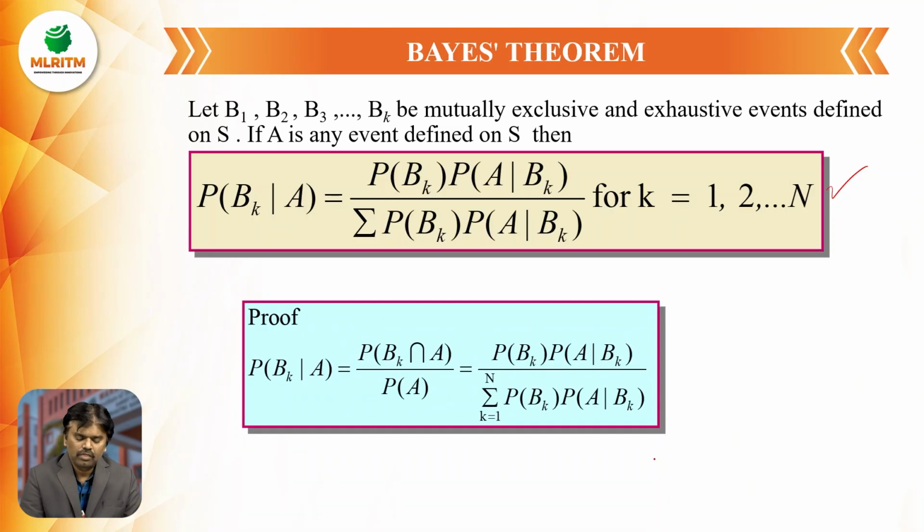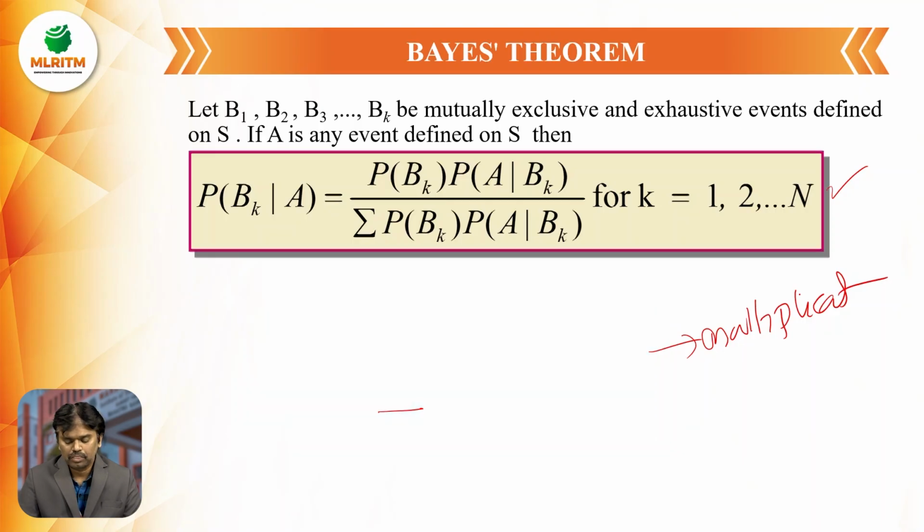And the proof is, generally, the conditional probability P of B by A is equal to P of B intersection A by P of A. P of B intersection A can be written, by using the multiplication theorem, as P of B into P of A by B. This P of A I already derived from the total probability theorem.